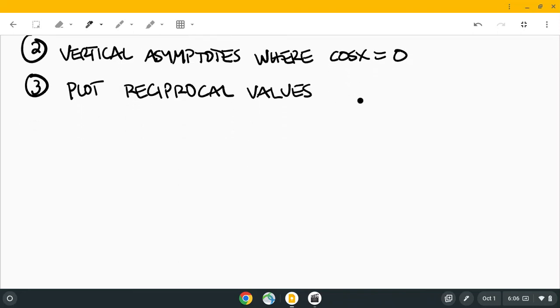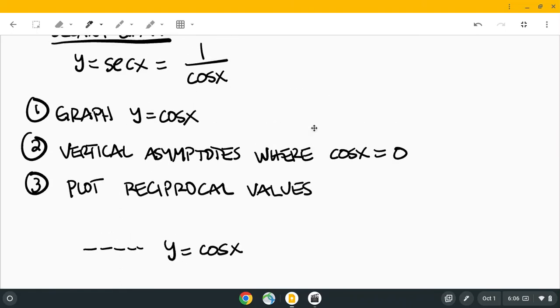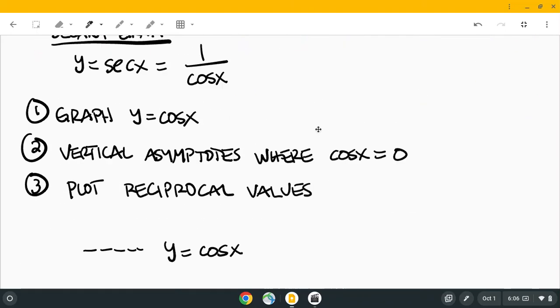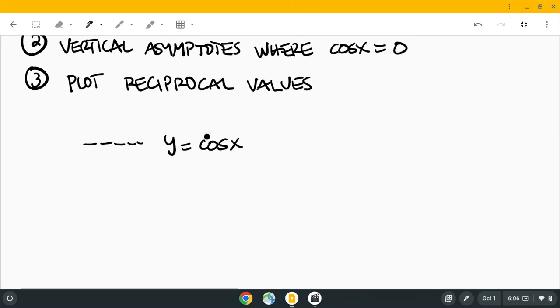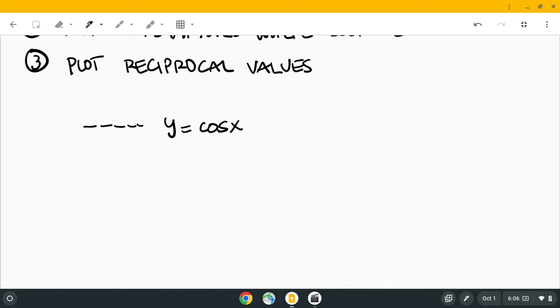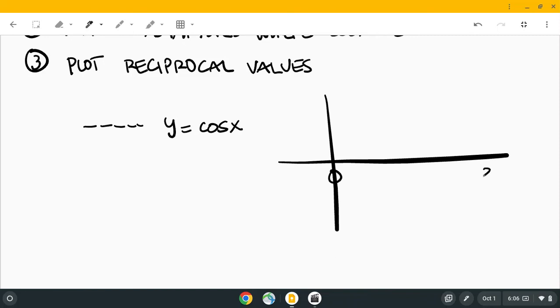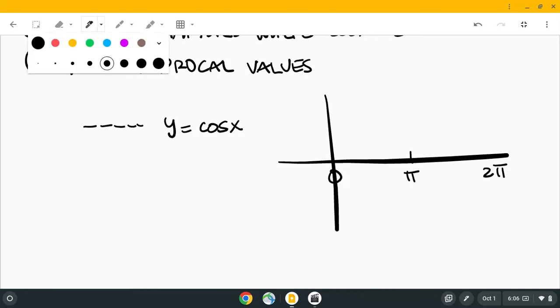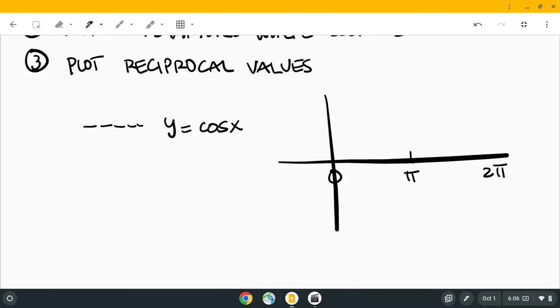So here I am going to do y equals cosine x in black and dotted. Okay. Y equals cosine x. So we're going from 0 to 2 pi. All right. I need to go a little thinner here. Okay.